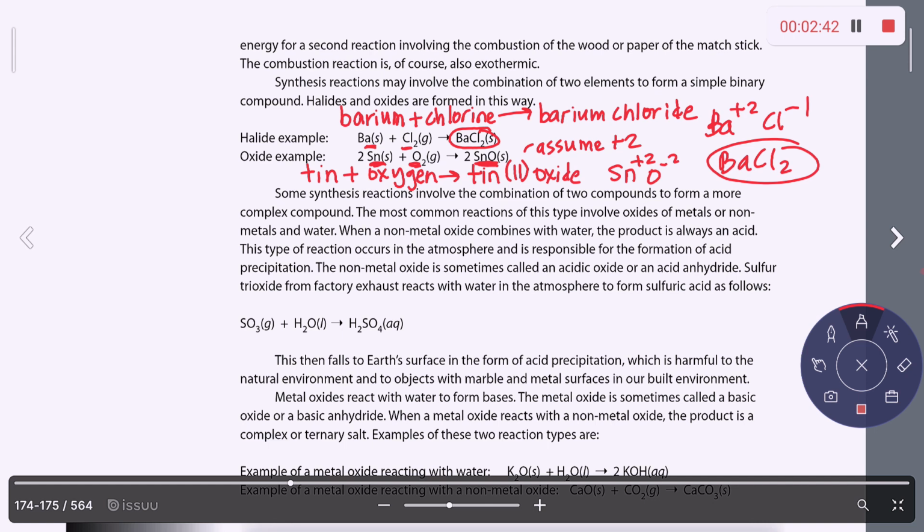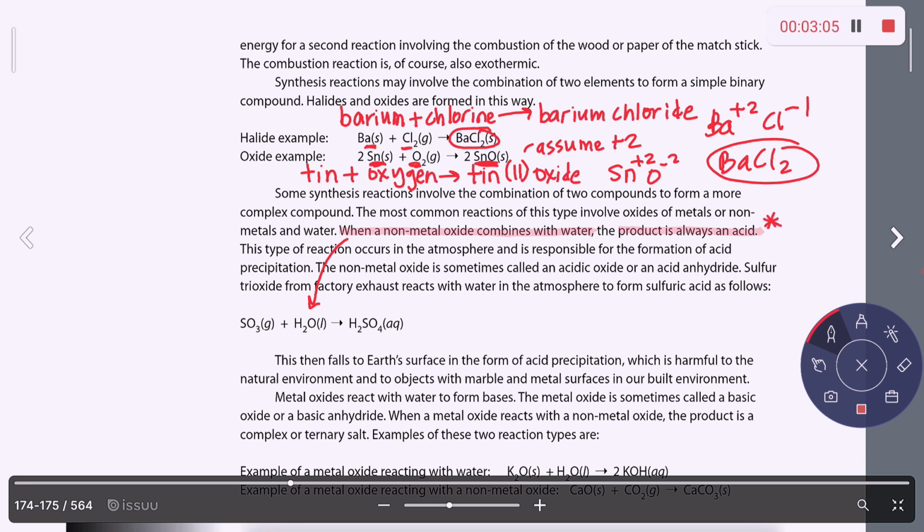Here, when you've got a non-metal oxide combining with water, the product is always an acid. This example would be down here. SO3 is a non-metal oxide. You're forming sulfuric acid. You wouldn't necessarily know what acid you're forming, but I would definitely memorize this general equation.